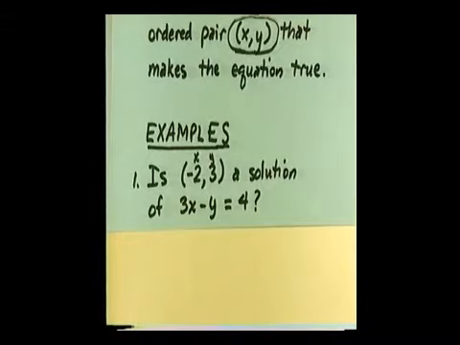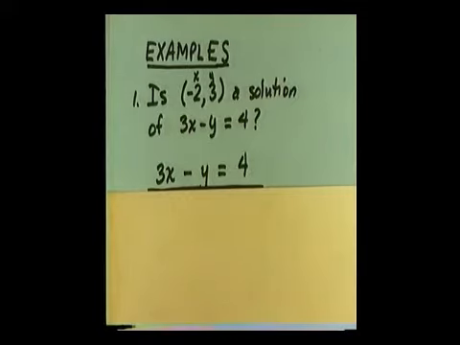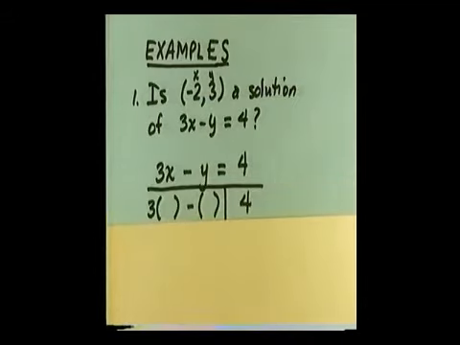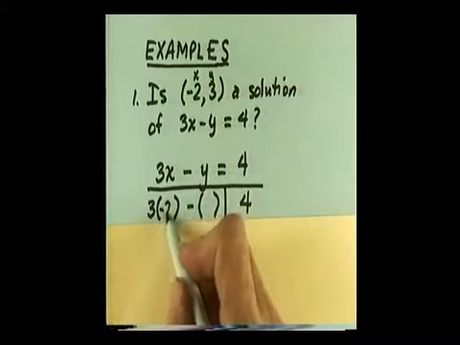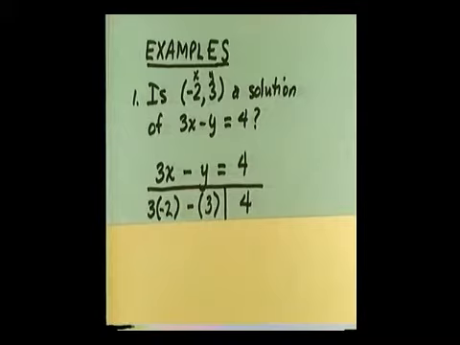To check this, we check just the way we ordinarily check an equation. We copy the equation, then draw a line below it and a vertical line below that so that we can check the two sides of the equation. Well, we have 3 times the x value, which is negative 2, subtract the y value, which is 3. On the right hand side, just 4.